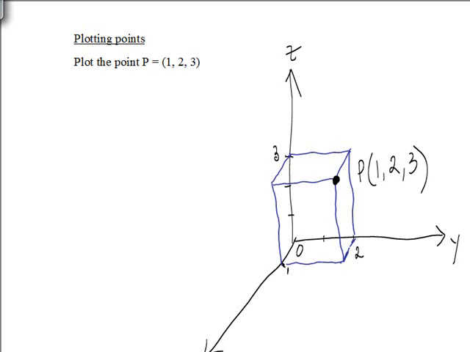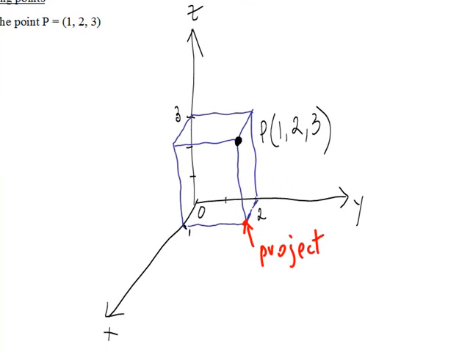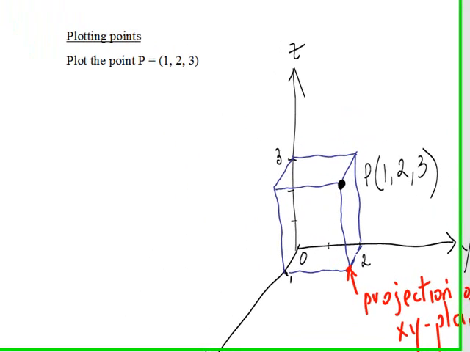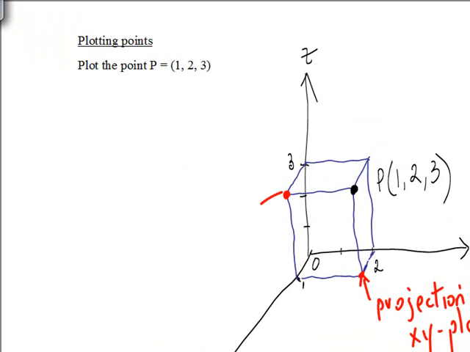Now let me speak about other points that you may see. Since I have that cuboid here, let me look at other points here. This point here is the projection of P onto the xy plane. This point here is a projection of P onto the xz plane.